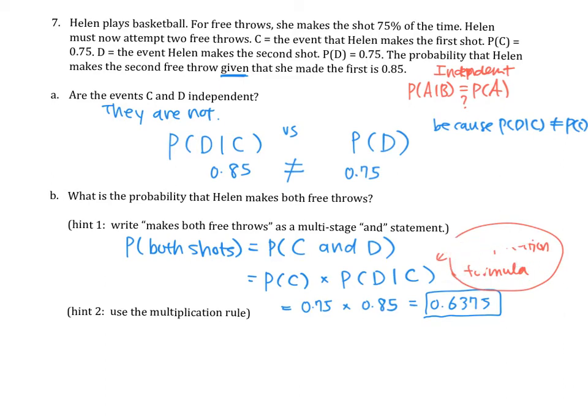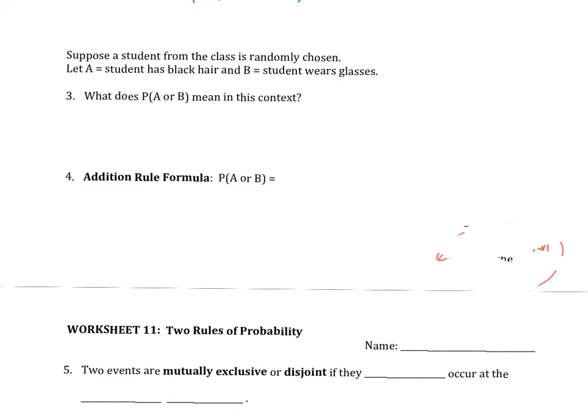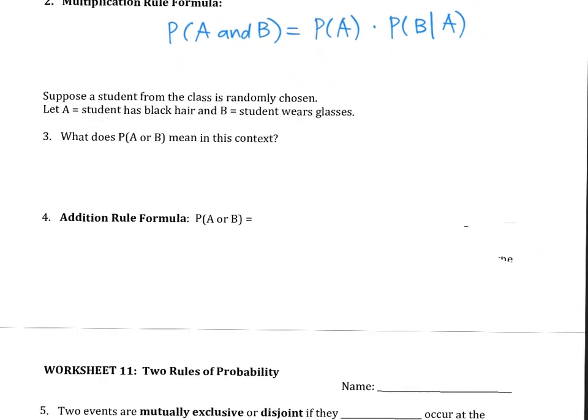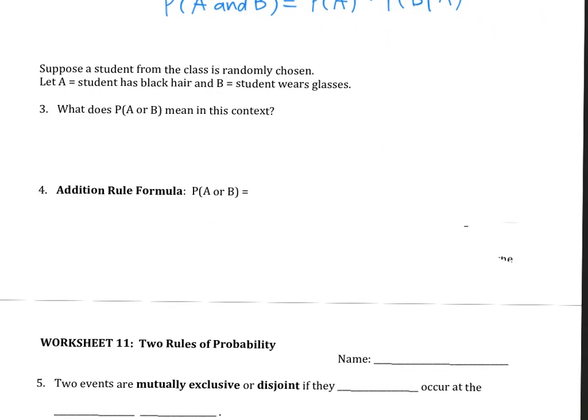All right, let's go back to number 3. Sorry, I'm going back and forth. Here it says A, same situation, black hair versus glasses. What does A or B mean? I noticed it says "or," so I'm going to highlight "or" there. That means either you have black hair or you wear glasses.